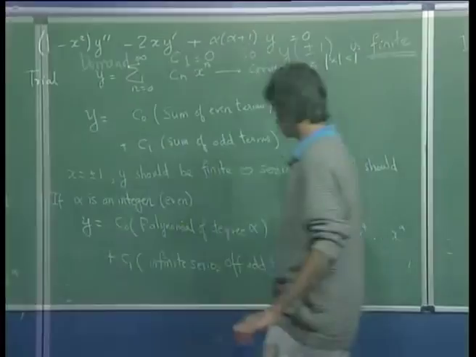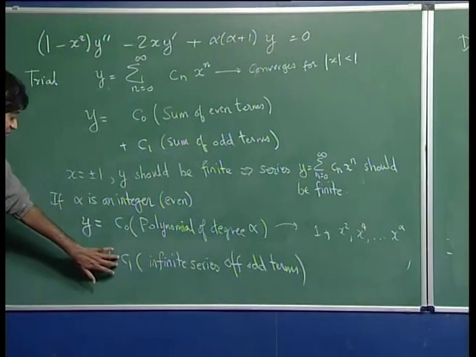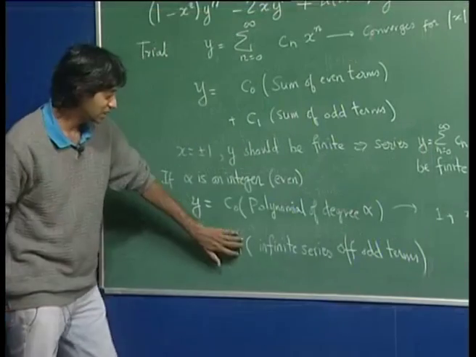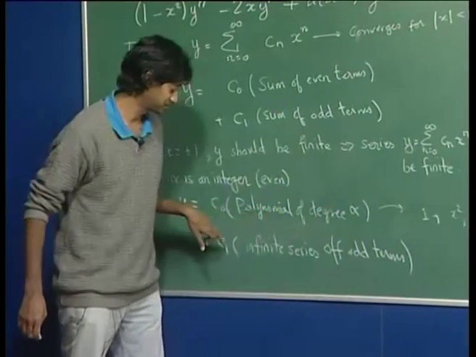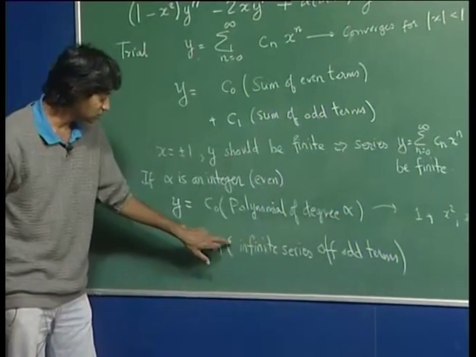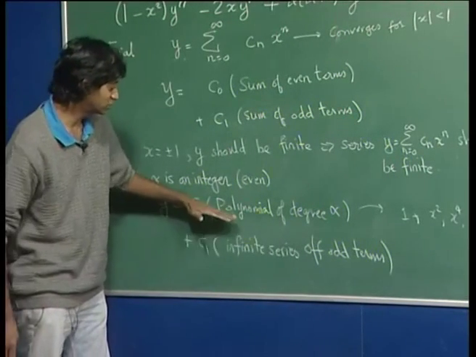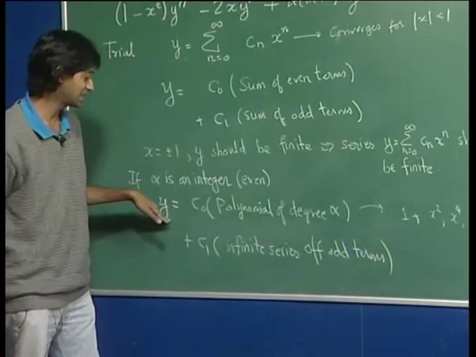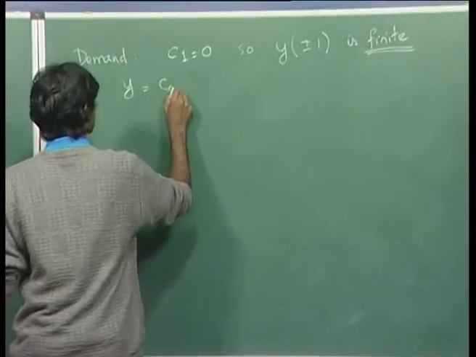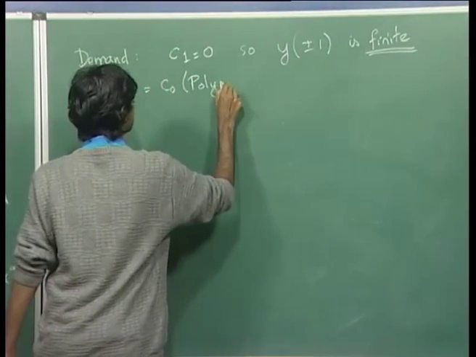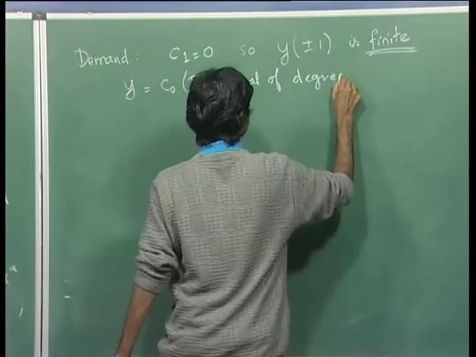If C1 was not equal to 0, then you would have an infinite series of odd terms, and when x equal to 1, this series will go to plus or minus infinity. Therefore, you force C1 equal to 0, so that y is equal to C0 times a polynomial of degree alpha.